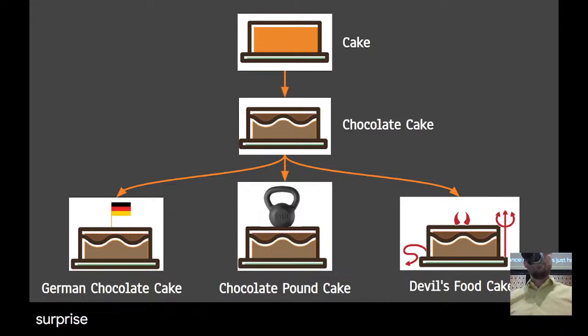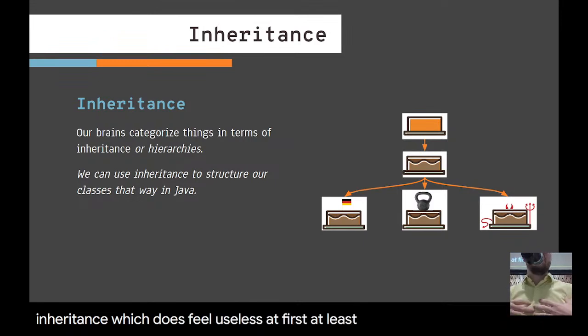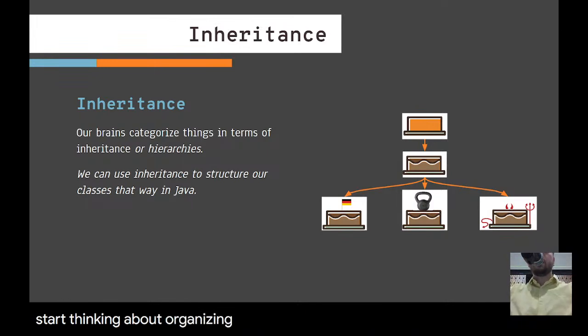So it's no surprise that when we start looking at Java code, we have a concept of inheritance, which does feel useless at first, at least it did for me. But when we start thinking about organizing larger structures, it then starts to fit a very recognizable pattern, if that makes sense.